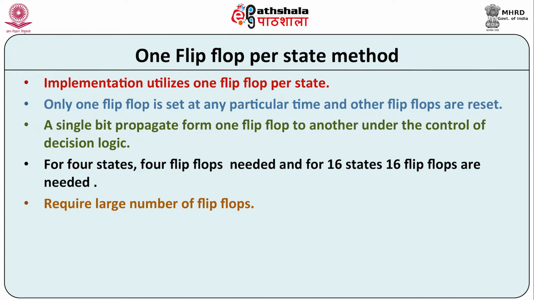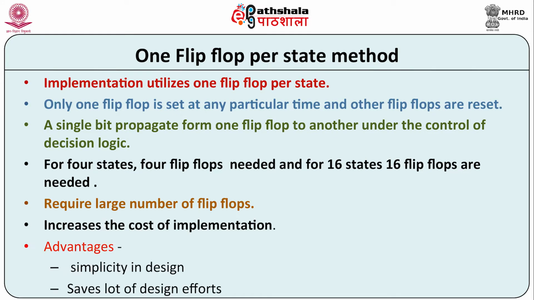If we consider traditional sequential circuit, it requires 2 flip-flops to generate 4 states and 4 flip-flops for 16 possible states. This indicates this hardware logic requires maximum number of flip-flops. This definitely increases the cost of implementation. The main advantage of this method is its simplicity in design.